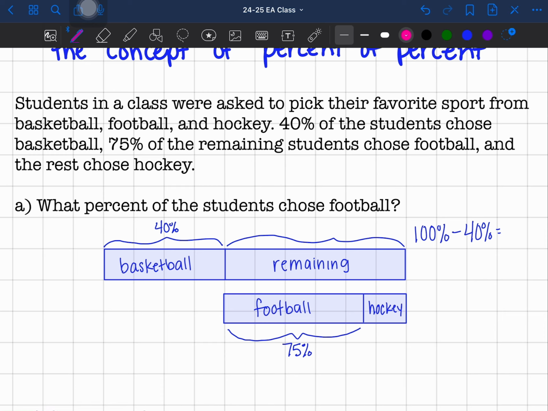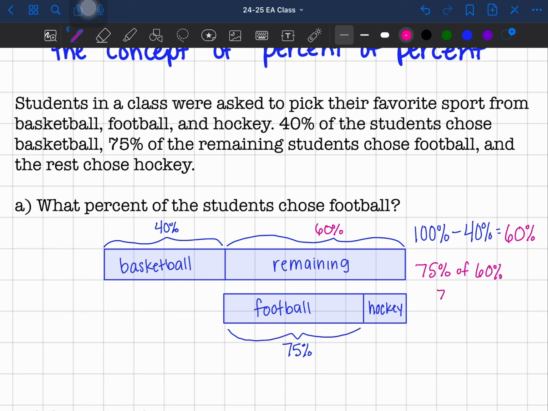The remaining amount is 100% minus 40%, which is 60%. And we know that football was 75% of our 60%. So 60% of the students chose football or hockey. Now we're trying to find what is 75% of 60%, and we do this the same way.